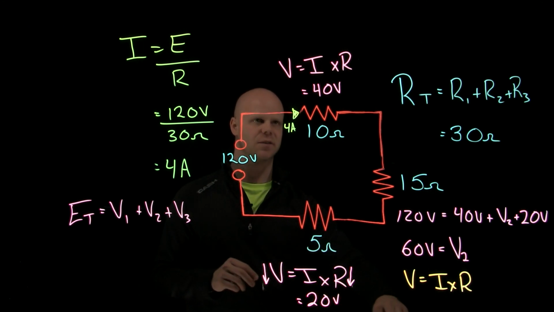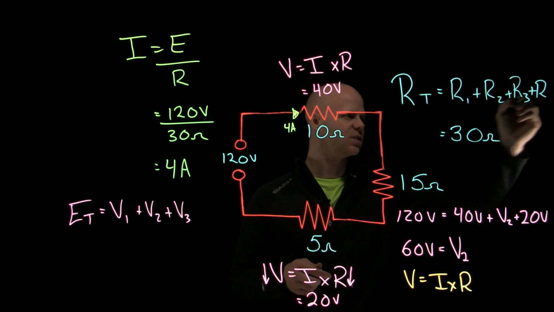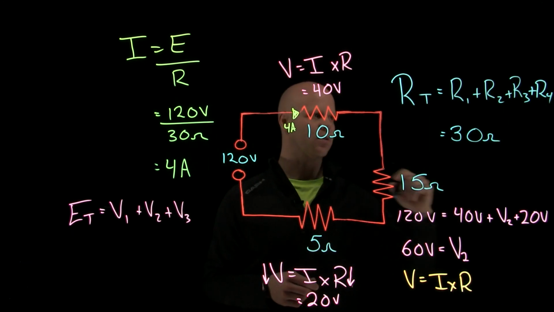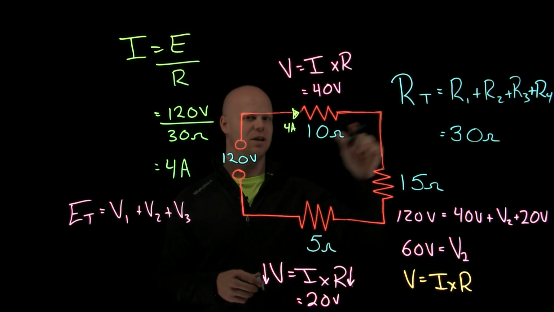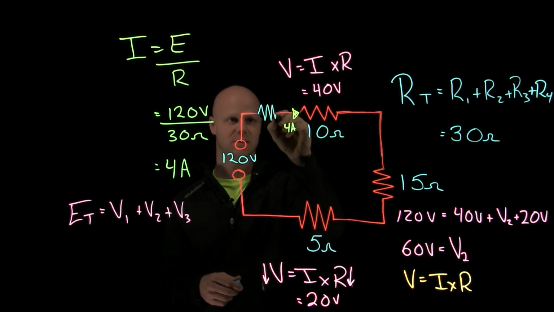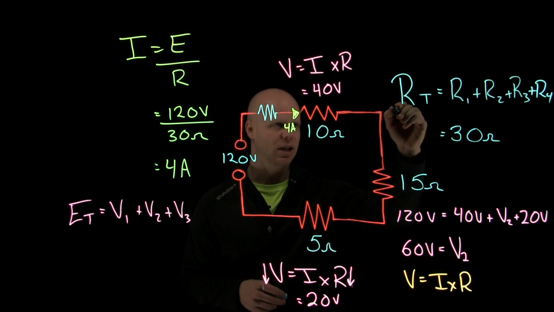So let's do everybody's favorite thing. Let's add a resistor. And how is that going to affect the voltage and the current everywhere else? So say I take a resistor right here, and again, it does not matter where I place this. I add a resistor. What is going to happen to my total resistance? It is going to increase.